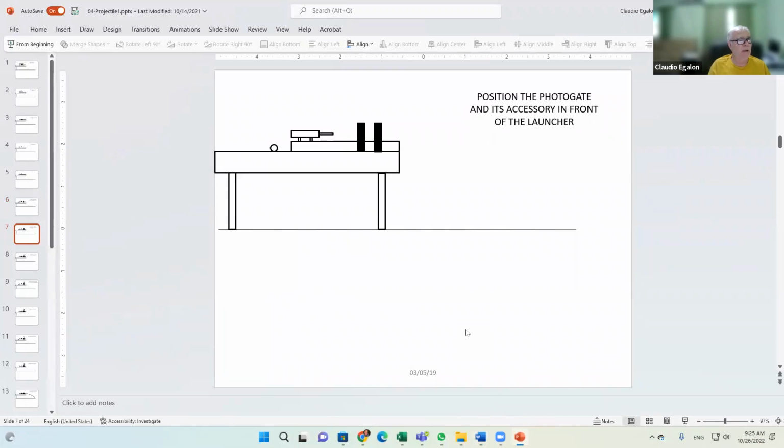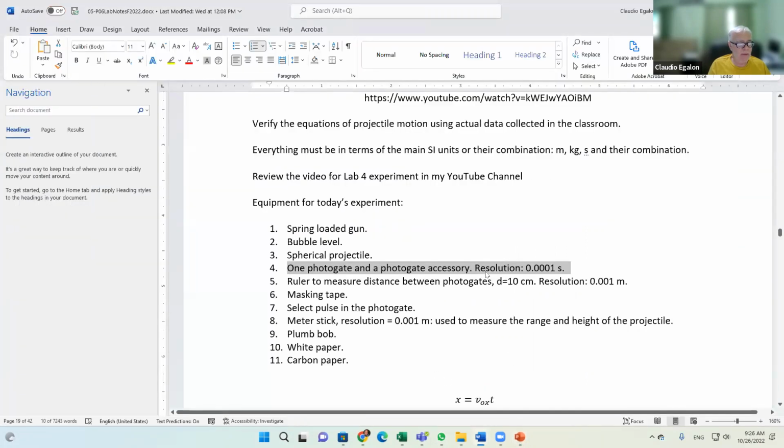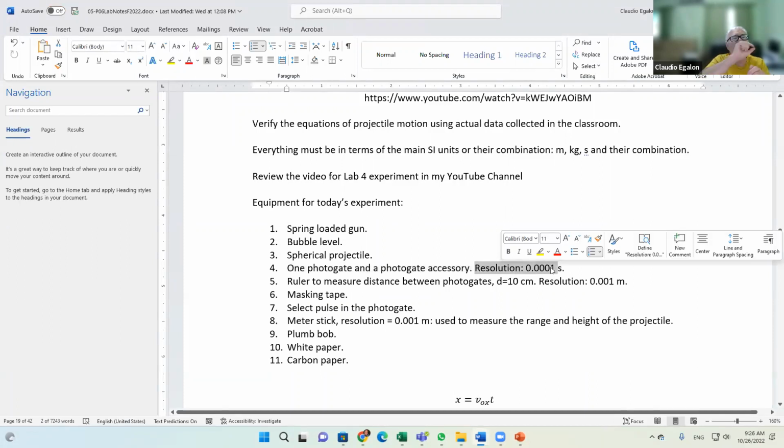I'm going to show you a video of the photo gate so you can have a better idea how it looks. But what you should remember is that this photo gate measures time. It measures the time it takes for the projectile to pass the distance between those two gates. The resolution of this photo gate is a tenth of a millisecond.